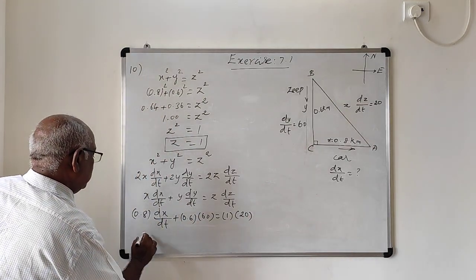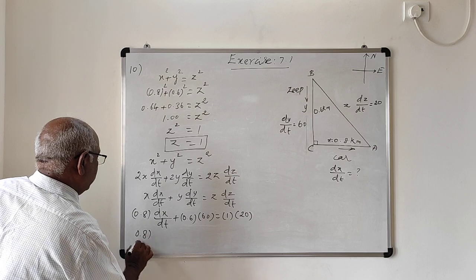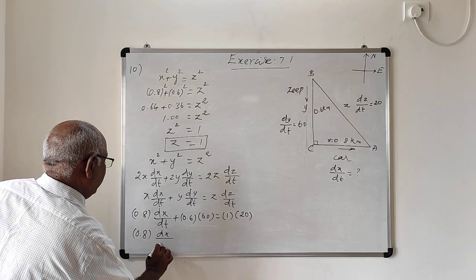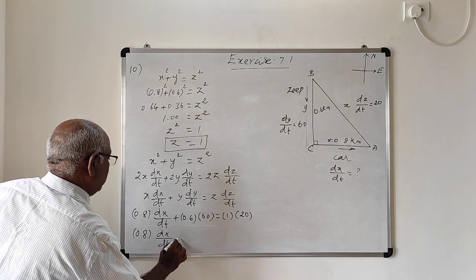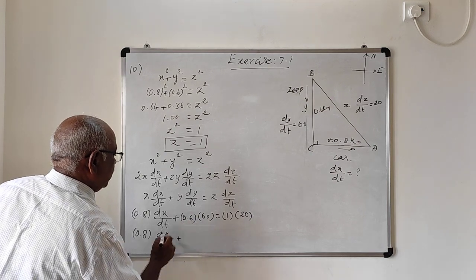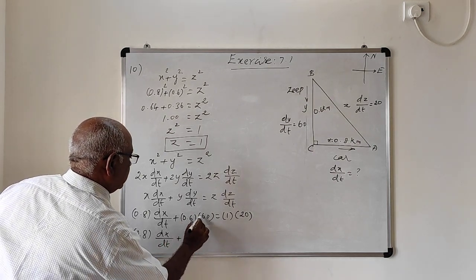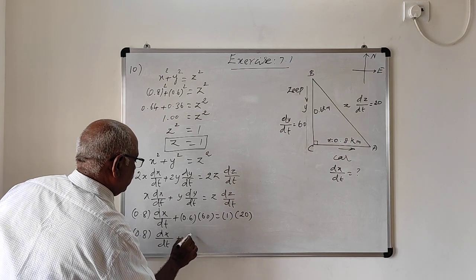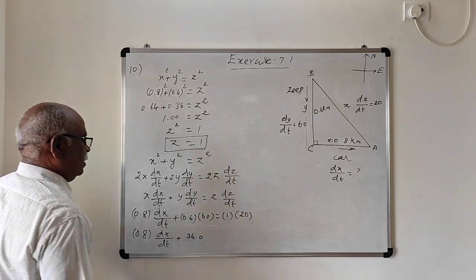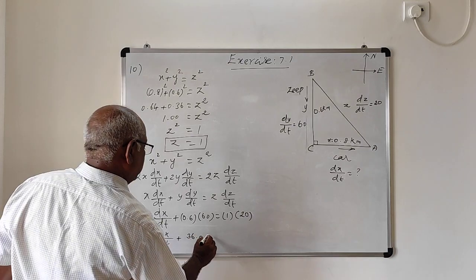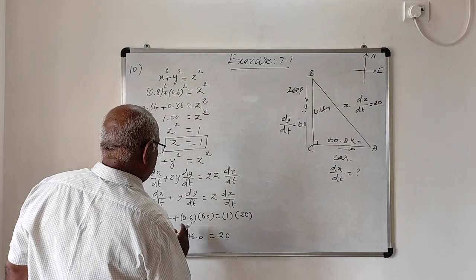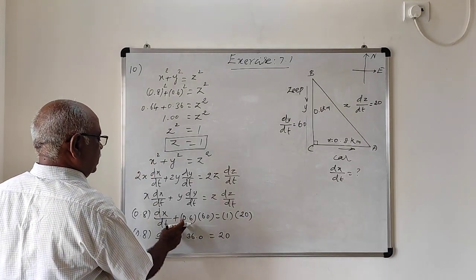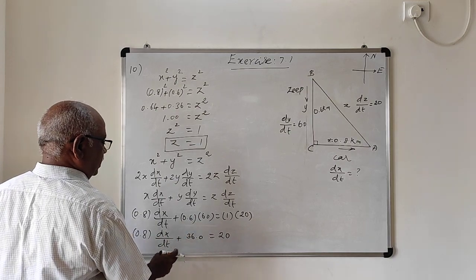So we get 0.8 into dx by dt plus 60 into 0.6, which is 36.